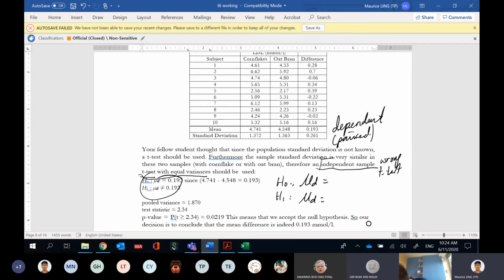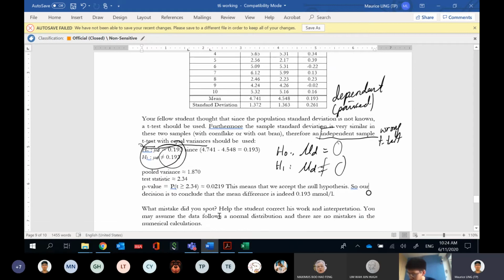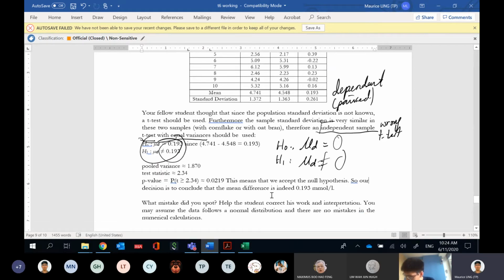Is it equal to 0 or not equal to 0? I think the null should be equal to 0, and the alternate should be not equal to 0. Okay, so this is a part that's wrong. Then, given all the results, do you accept or reject the null hypothesis? This part here.